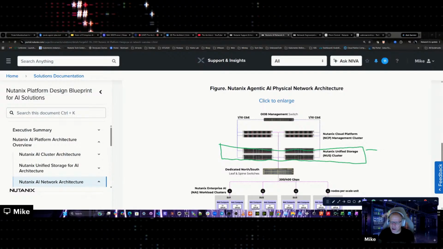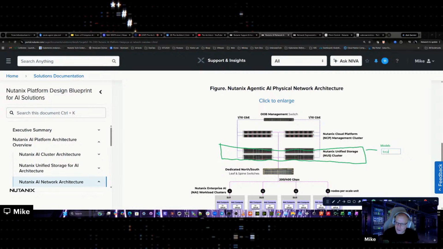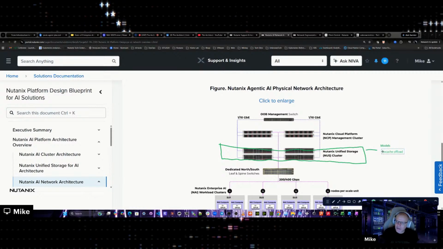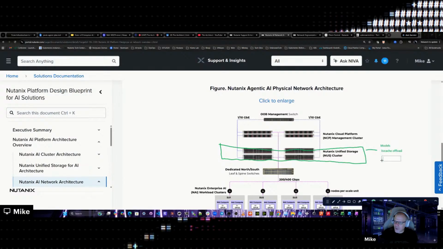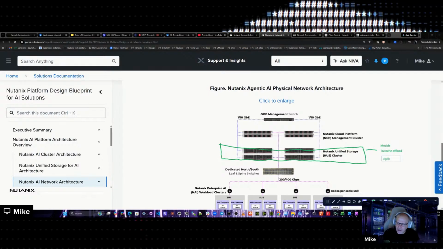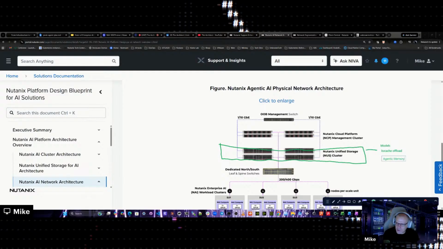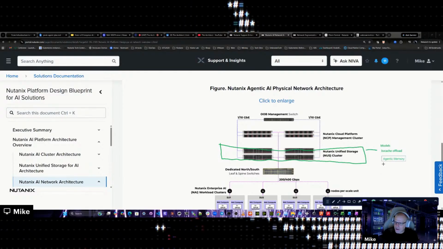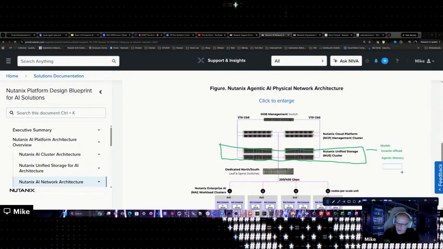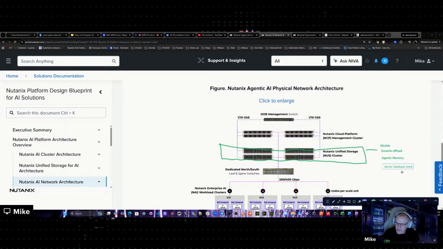So here you're going to have models, you're going to have KV cache offload as a tier, you're going to have AI apps, agentic memory offload. We'll just say agentic memory. Could have your vector database storage.